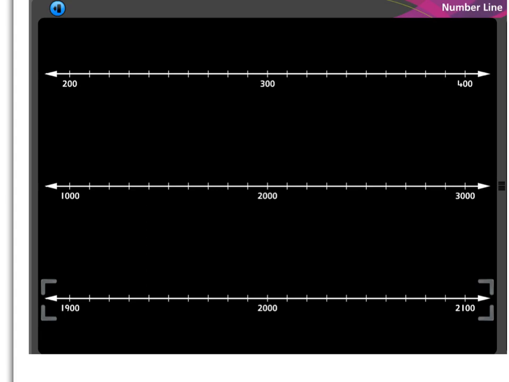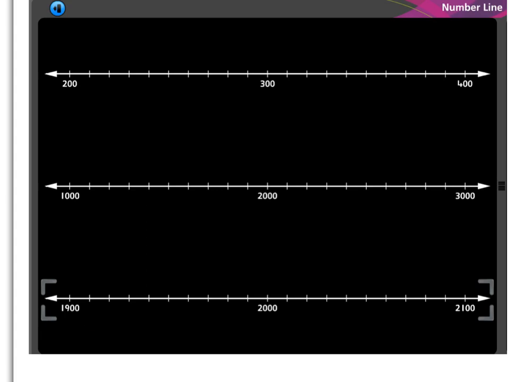1,900 here and 2,000 here. Let's have a look. So in this number line here, I was counting in hundreds. Each mark was worth 100. But in this number line, each mark is worth 10. So this number here is 1,900.